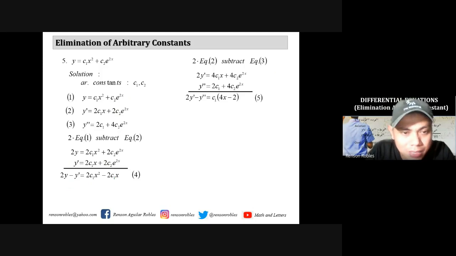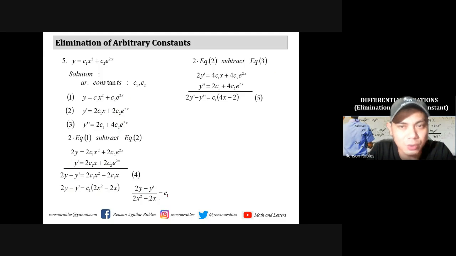So that led me to this equation. 2y minus y prime equals, you factor out c1 times the quantity 2x squared minus 2x. Or 2y minus y prime over 2x squared minus 2x is c1. And then you do the same here. So this is 2y prime minus y double prime over 4x minus 2.